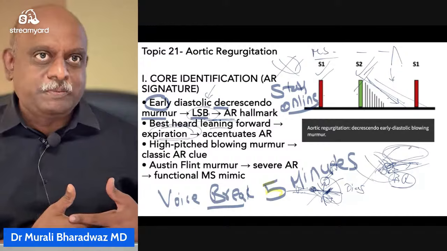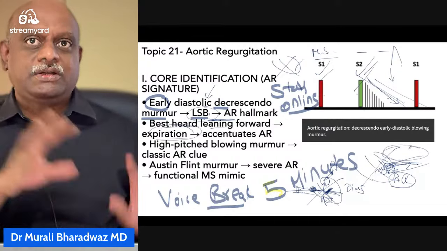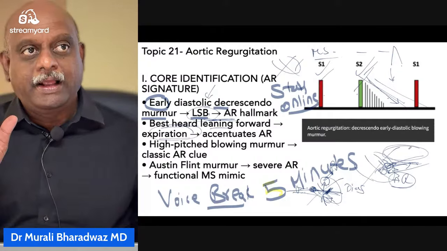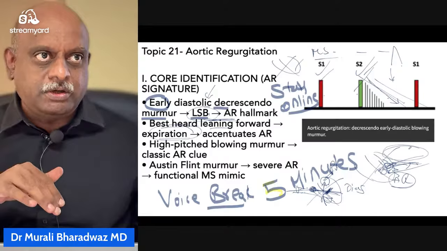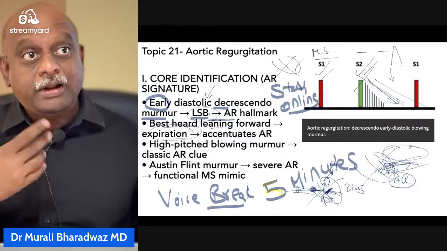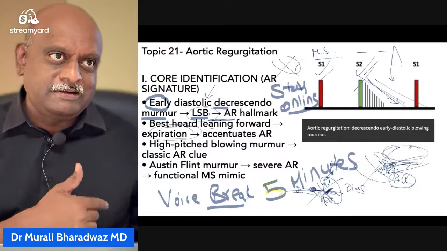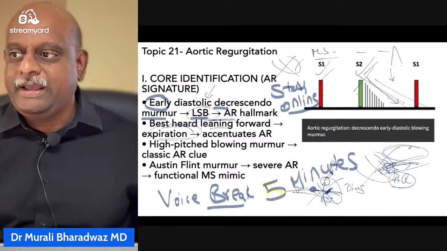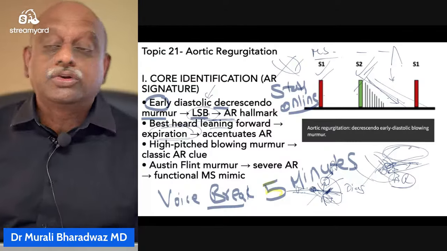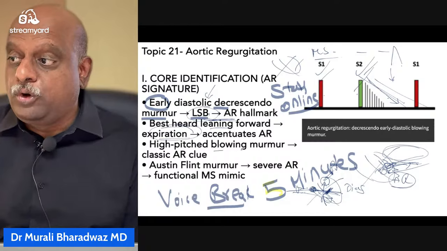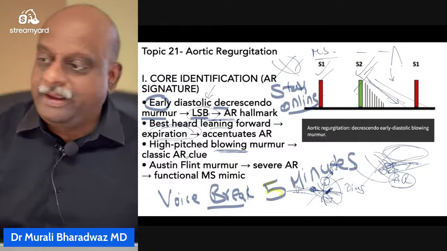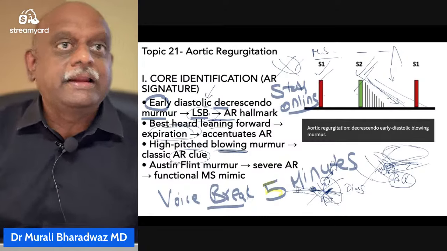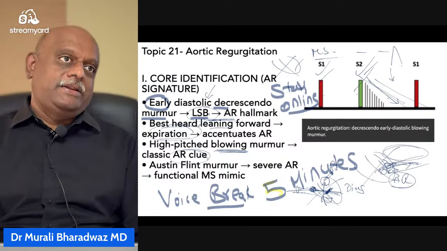Always diaphragm, use pressure. Bell, light touch. Remember. High amplitude, low frequency sounds, bell. Low amplitude, high frequency sounds, Littmann, diaphragm. Okay? So that is called a high-pitched blowing murmur, the classical feature in case of aortic regurgitation.